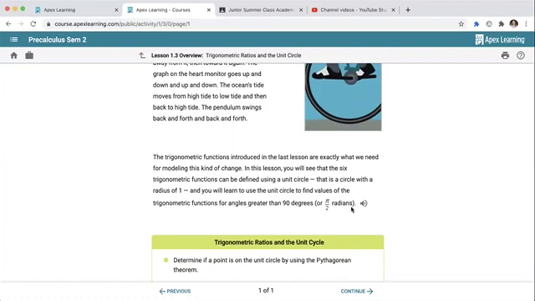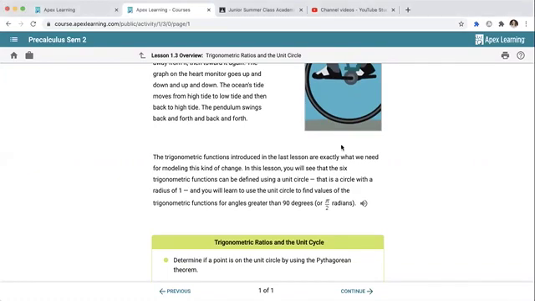Yesterday we dealt a lot with looking at radians and what they mean. The circumference of a circle is 2 pi r. So when we were dealing with radians, we understand that 2 pi r is the entire circle, r being the radius. So in radians, it's 2 pi for the entire 360-degree circle.